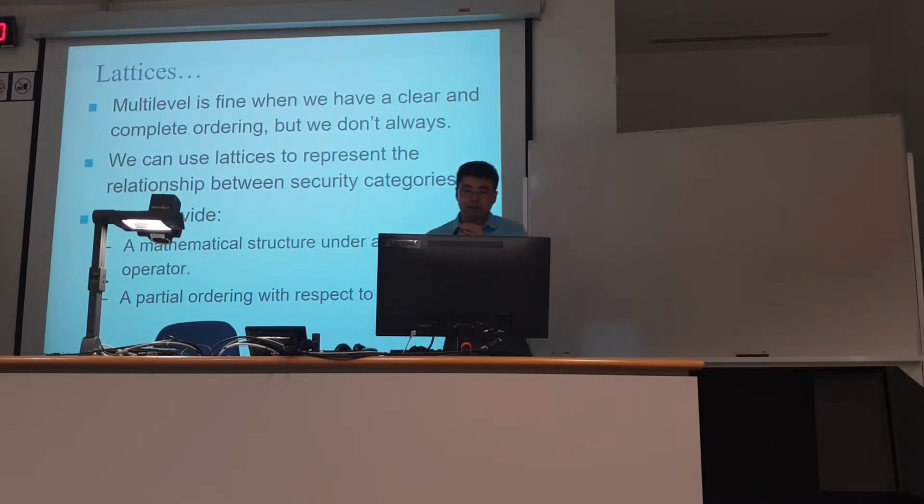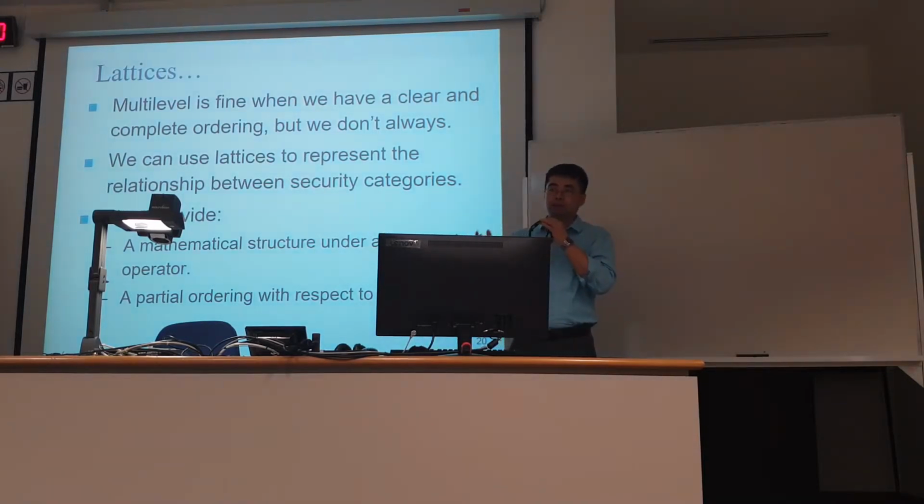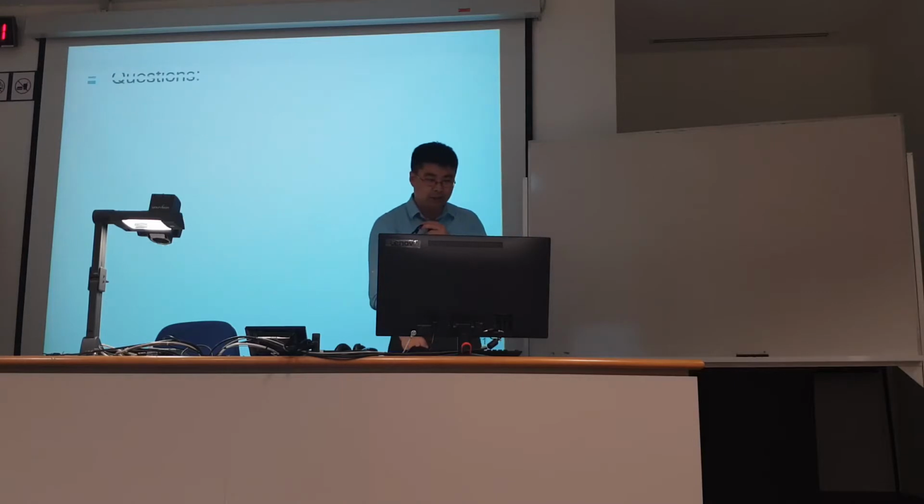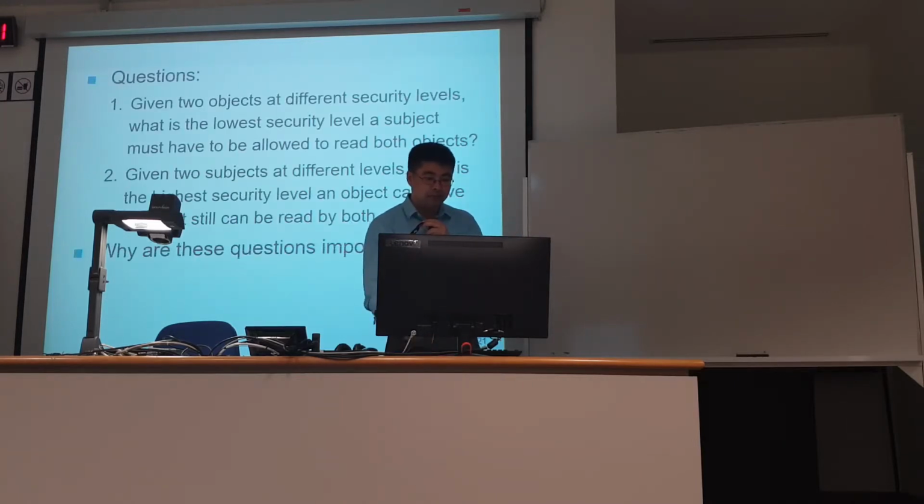You may not be able to compare any two levels. Sometimes you can have two levels which are incomparable, because in one dimension you always have a strict order, but if you consider multiple dimensions, you can have two levels which are incomparable. You will see this later. If I show the picture, you will understand the idea.